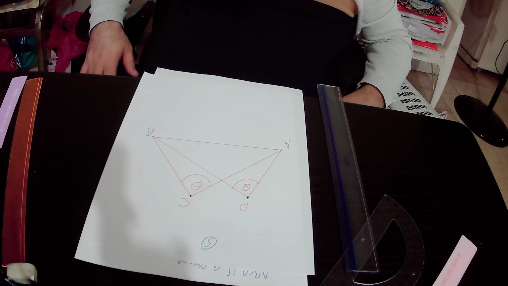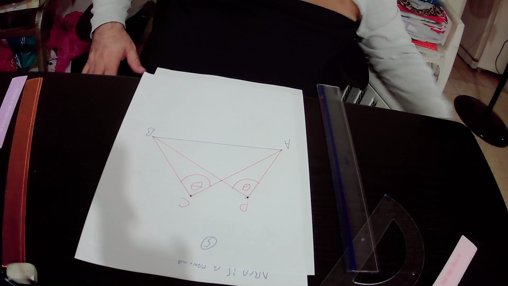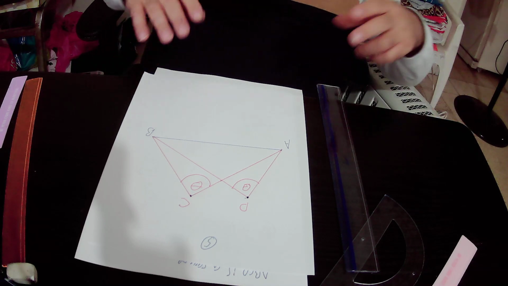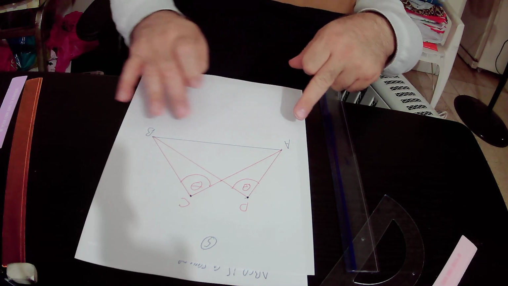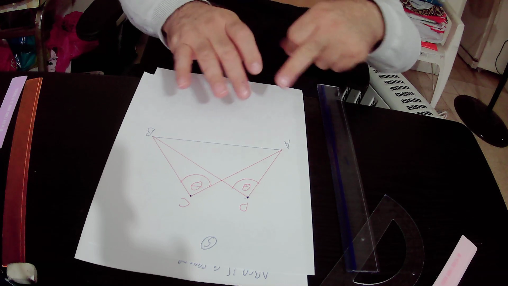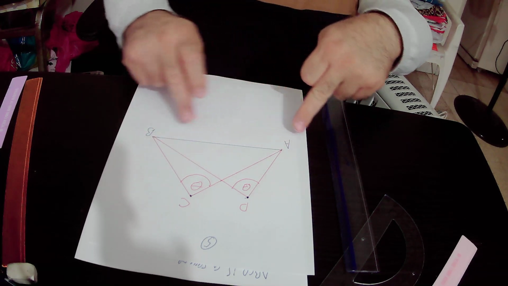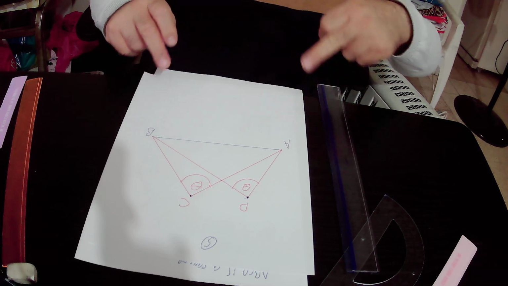Okay, so if this is the reality, then we have two equal angles that rest on line segment AB, or two equal angles that are both equal to theta subtend on line segment AB.